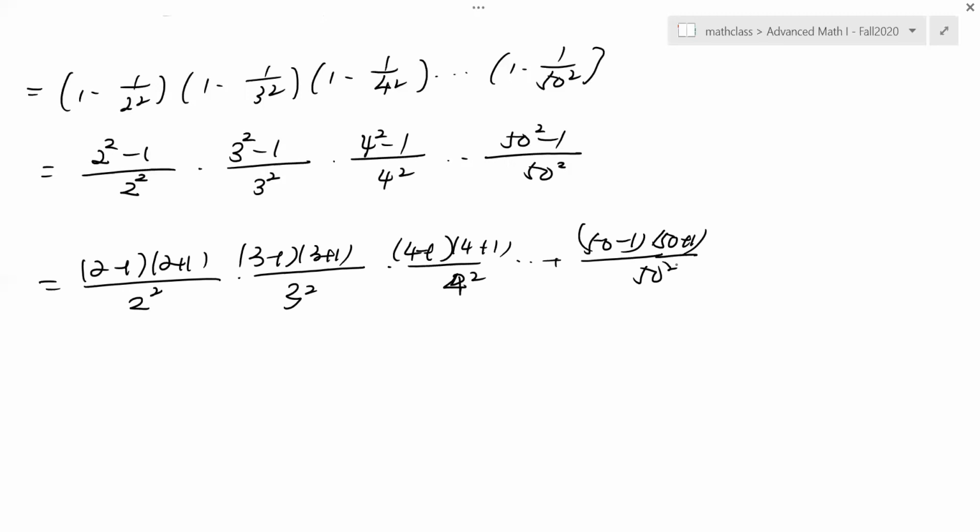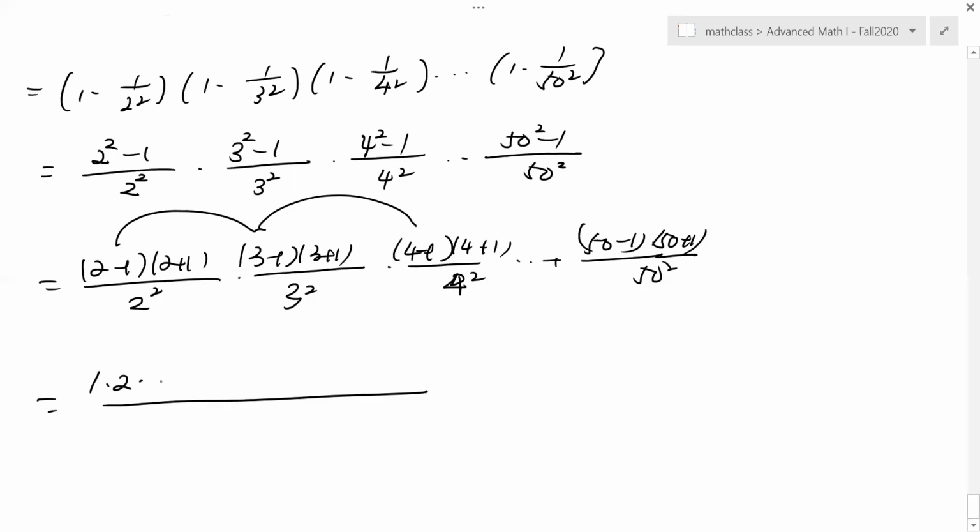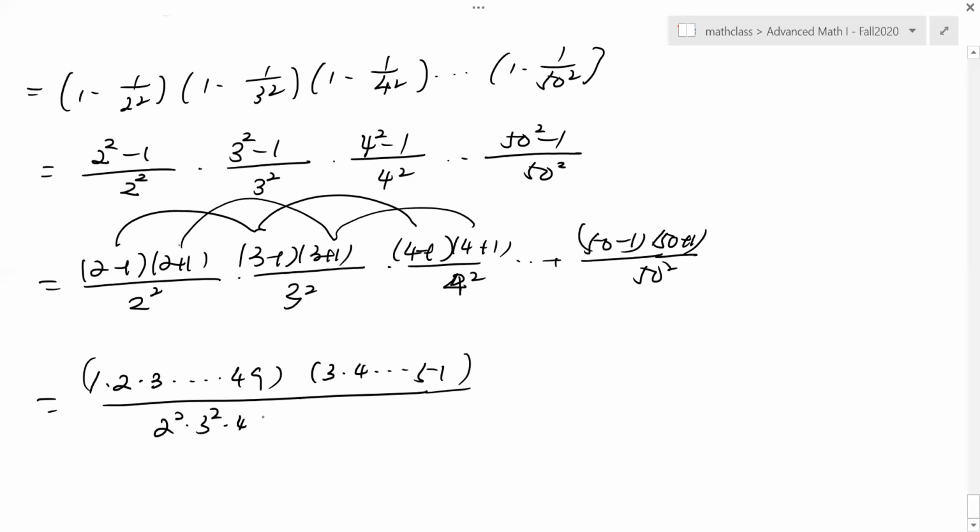I think we can group this together. Okay, it's 1 times 2 times 3 all the way to 49. And then this group together, so it'll be 3 times 4 all the way to 51. And then you have 2 square, 3 square, 4 square, all the way to 50 square.